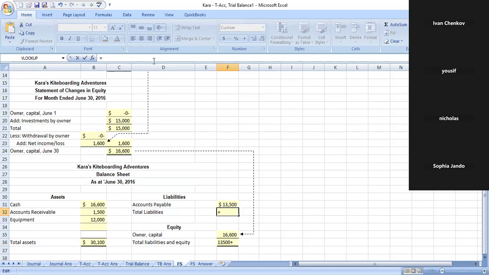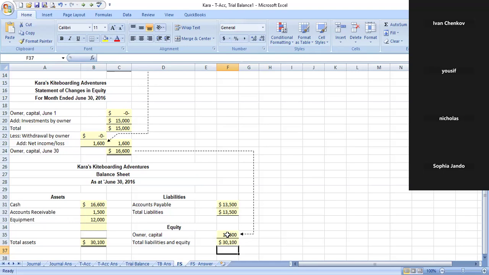Actually, it's not going to work that way. That one will be here. Let me change this formula here. That will be equal to total liability plus owner's equity. It's going to be $13,100. And now, as you can see, we are in balance.